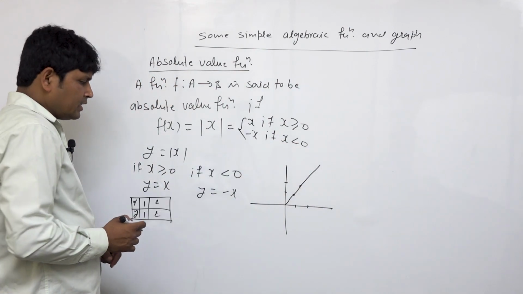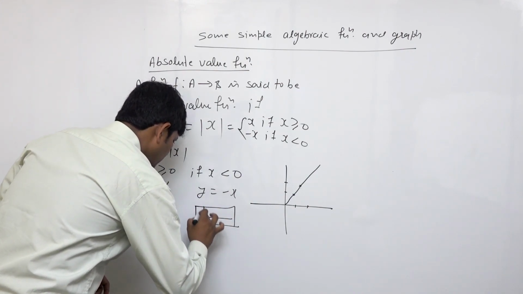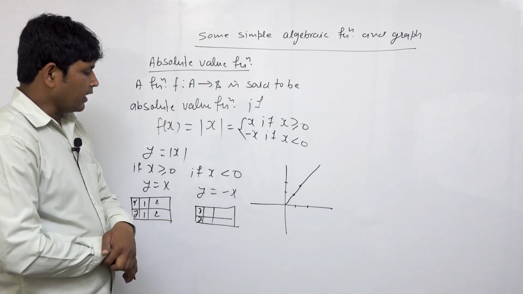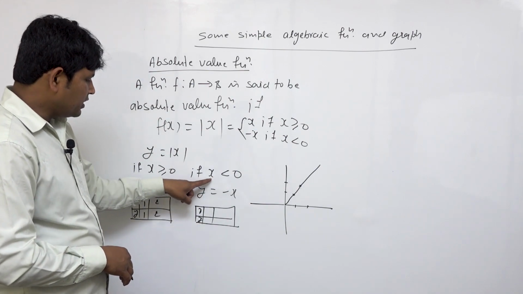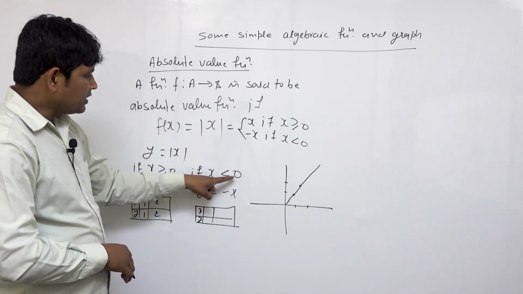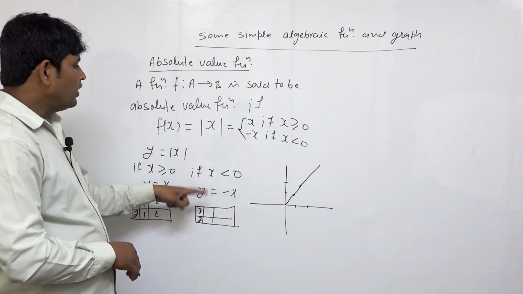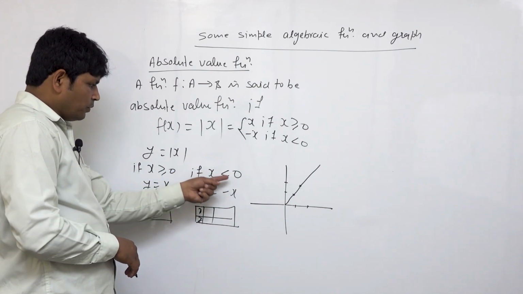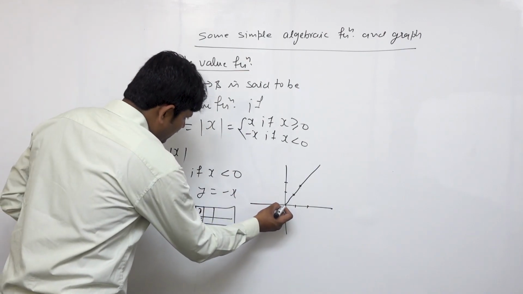For y is equal to minus x, what value of x can we take? Can we take more than 0? No, because here it is saying x is less than 0. For that case, the value of x would be smaller than 0. Because we cannot say what the value just less than 0 is, we can start from 0, so the graph will start from here.